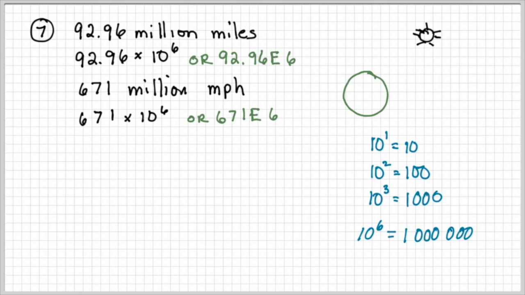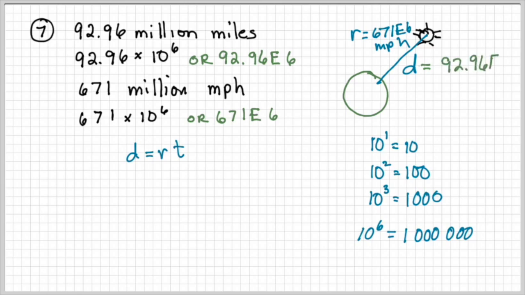Now, this problem is essentially just a distance equals rate times time problem. Here's our distance. We know the rate of light, in this case, 671 million miles per hour. And so we're going to use distance equals rate times time, where our distance is the distance that we're trying to travel here, the distance from the Sun to the Earth, the 92.96 million.